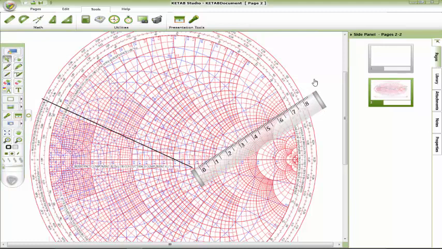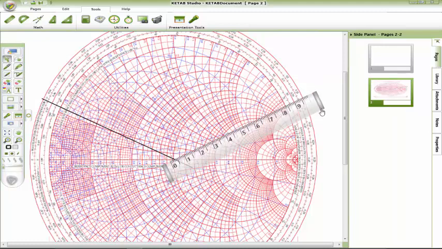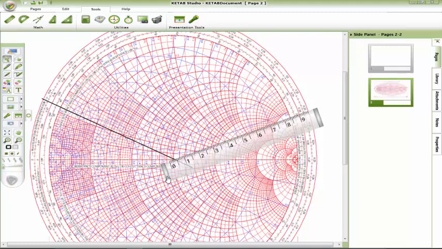At the load we have 20 degrees, so we put another line here.